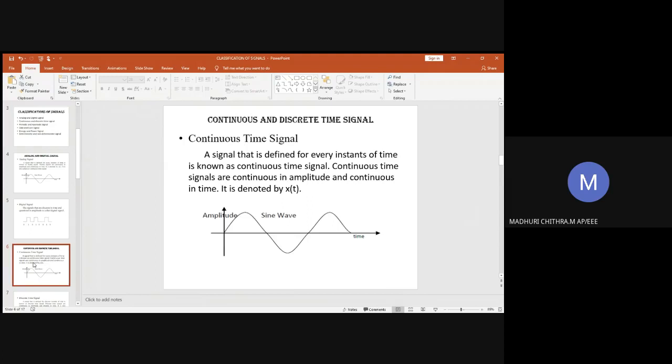Analog signals and continuous signals are both the same: continuous in amplitude and continuous in time, defined as x of t.